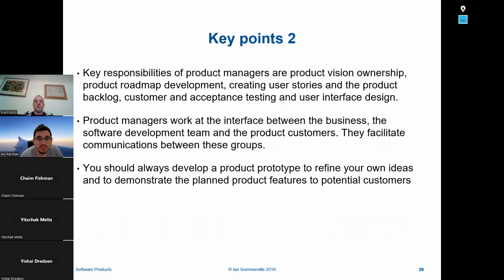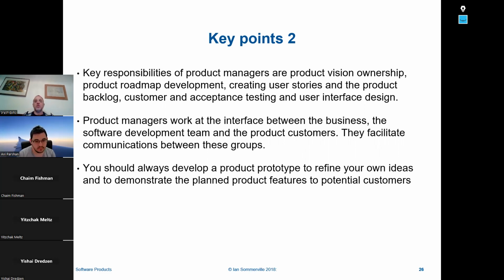Key responsibilities of the product manager are product vision ownership. He is the owner of the vision. He's supposed to know at all times what the vision is. Product roadmap development: he's supposed to know the milestones. What should be the first, second, third things added, the order of development.